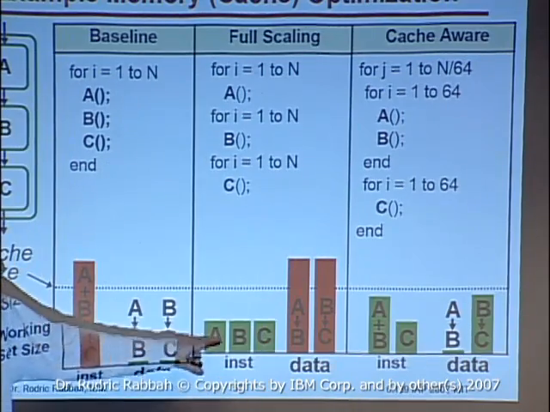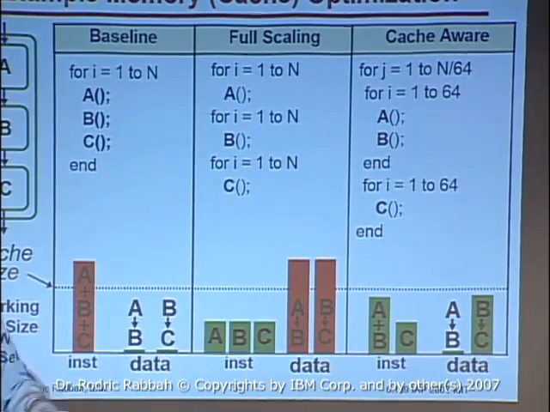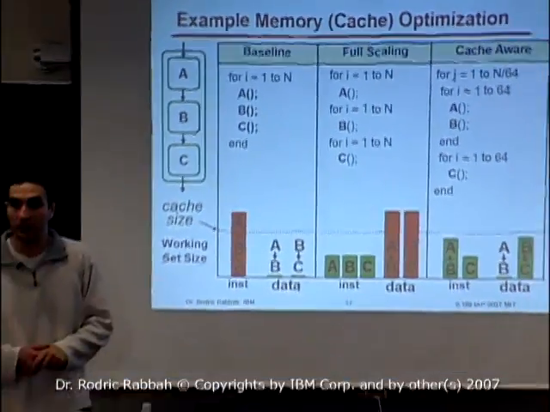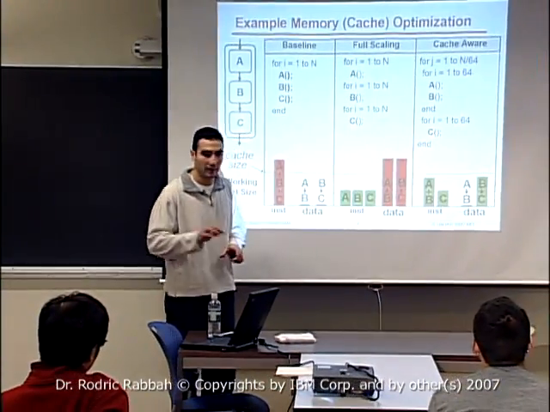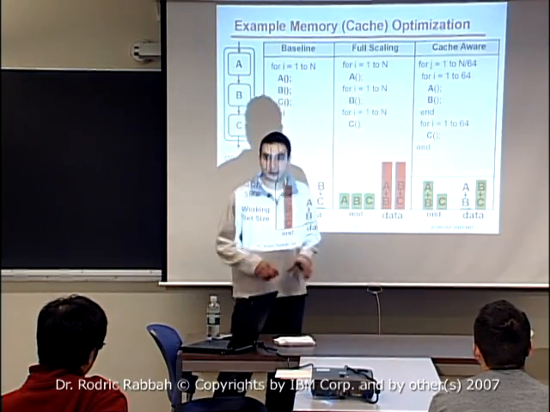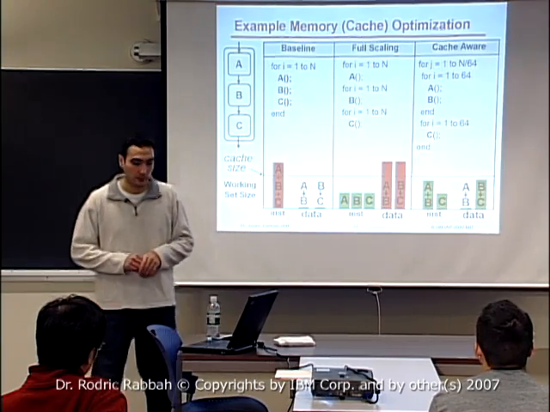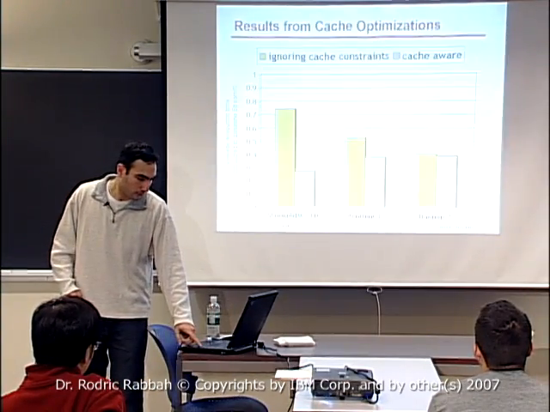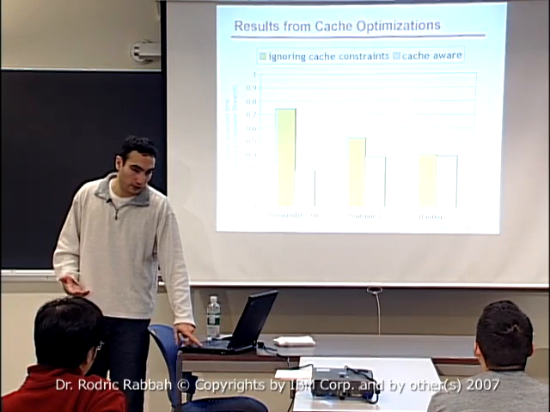Right, so you want to do this because the iCache locality is best. So you always want to go to full or maximum scaling. I'm actually fudging a little just for the sake of clarity. And here you're actually doing this nesting to improve both the instruction and the data locality. Okay, so you can get really good performance improvements.